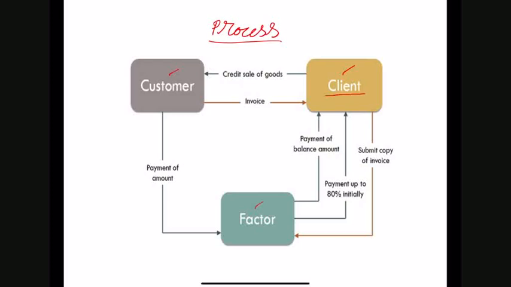I am a businessman. I sell goods on credit to my customer. When I sell goods on credit, I have to give him an invoice, and he will accept the invoice bill and give back that invoice, and this serves me as proof.